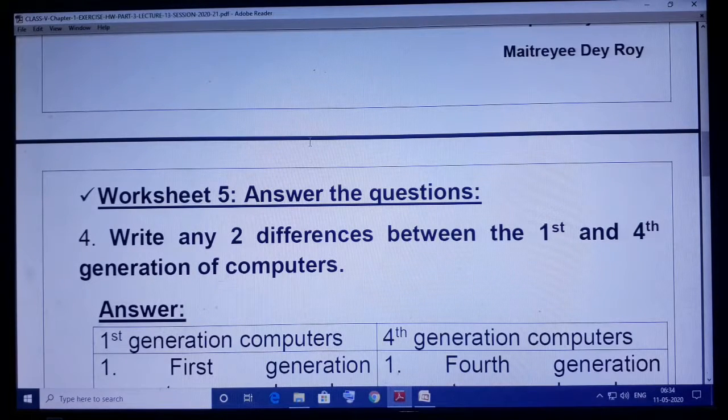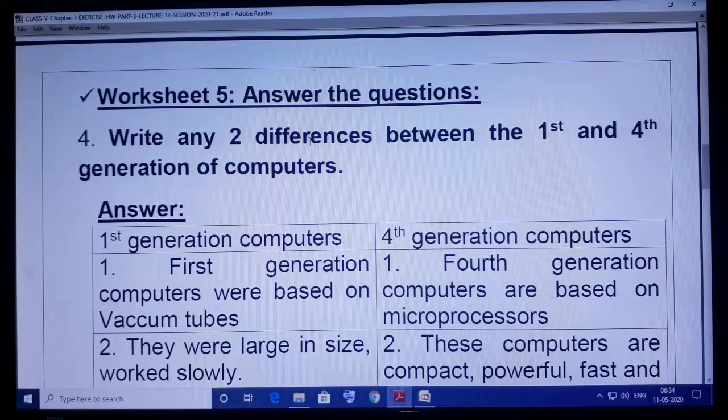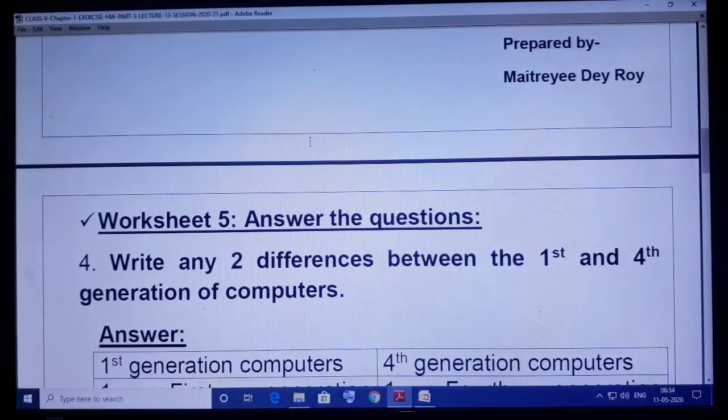Question 4. Write any two differences between first and fourth generation of computers. So what do you know about the first generation? I think all of you can remember some points.